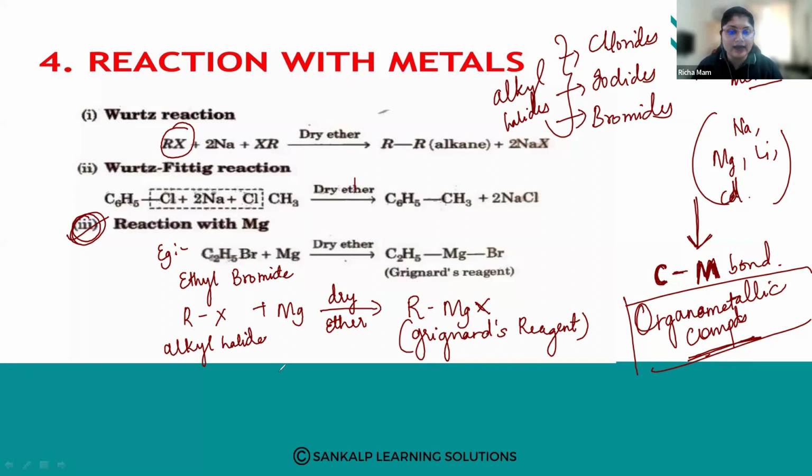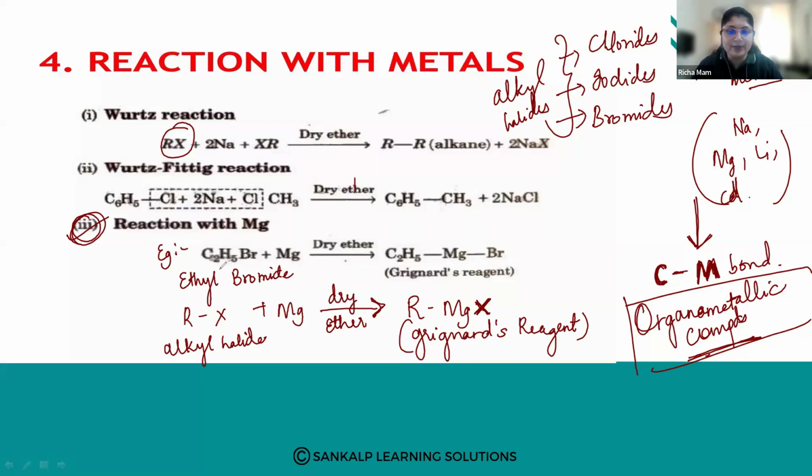It is obtained by reacting your alkyl halide with active metals like magnesium in the presence of dry ether, which gives you RMgX. What is RMgX? RMgX is Grignard reagent. Is it clear? Yes.